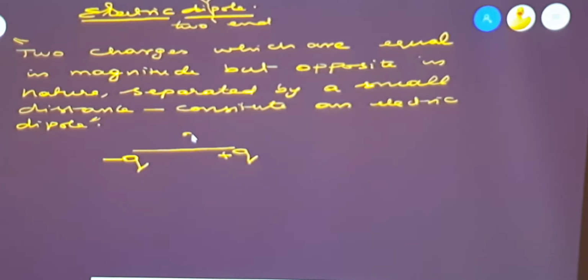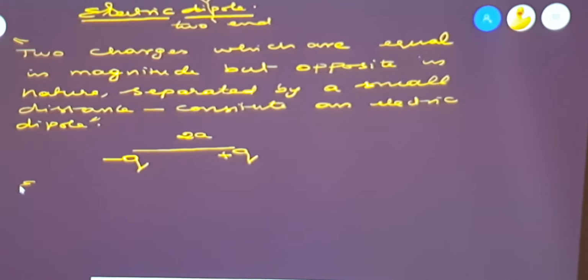If we consider that small distance as 2a, then we call this arrangement an electric dipole. So two charges equal in magnitude, opposite in nature, separated by a small distance, are said to constitute an electric dipole.